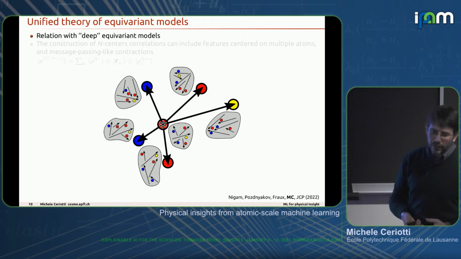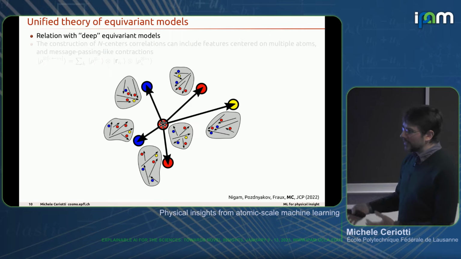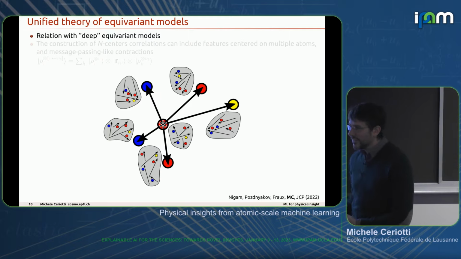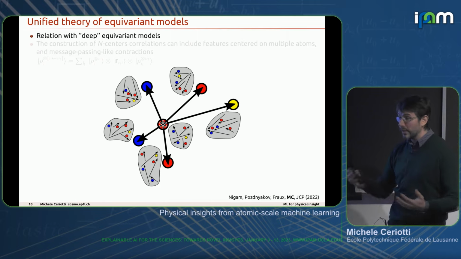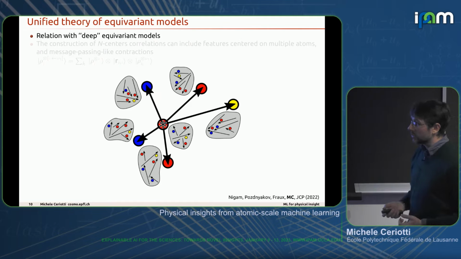Because when you build equivariant models, you are constrained in the operations that you can do by the need of remaining equivariant with respect to the action of O3. And therefore, the only thing that you can do to make your model more complex is to build SO3 symmetric products that are basically Clebsch-Gordan summations.